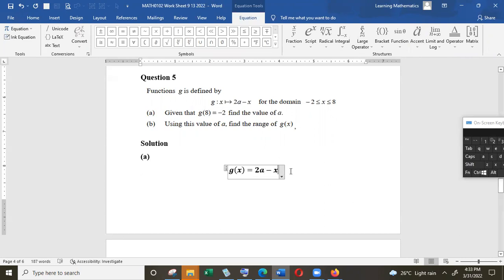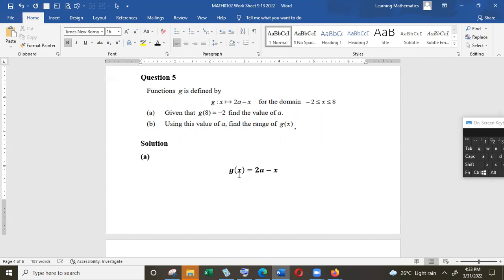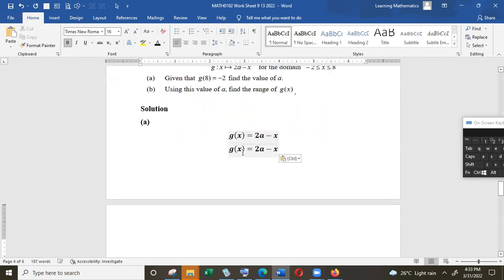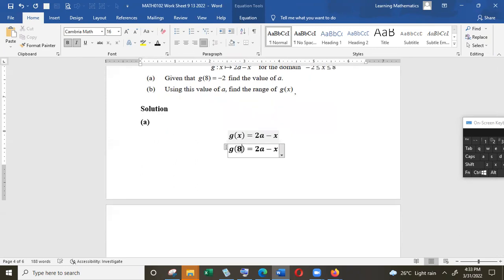Now the question says that g of 8 is equal to 2a minus 8.